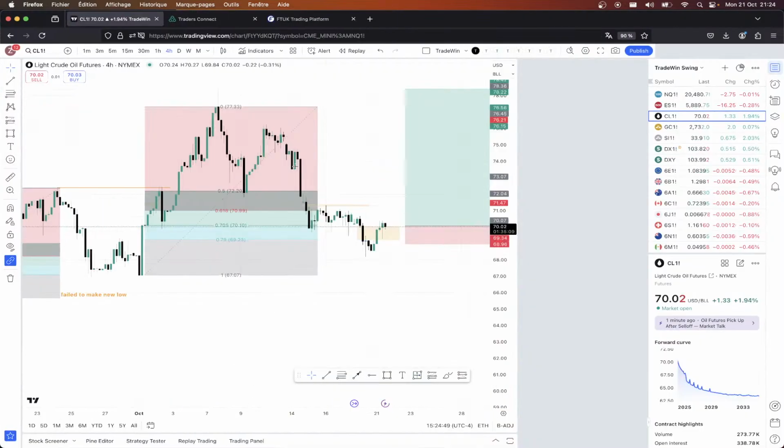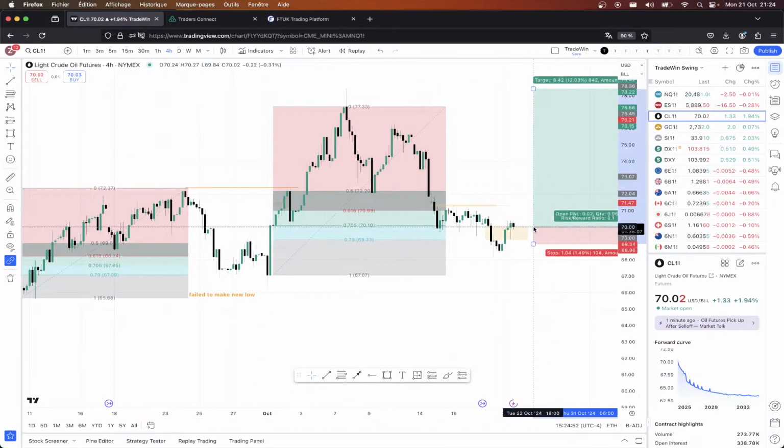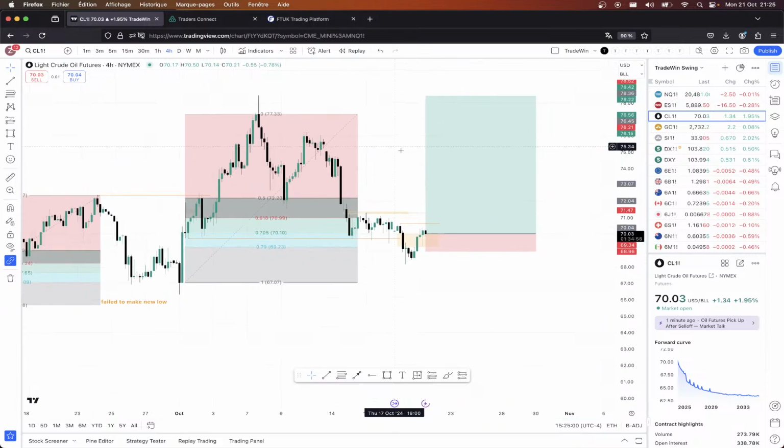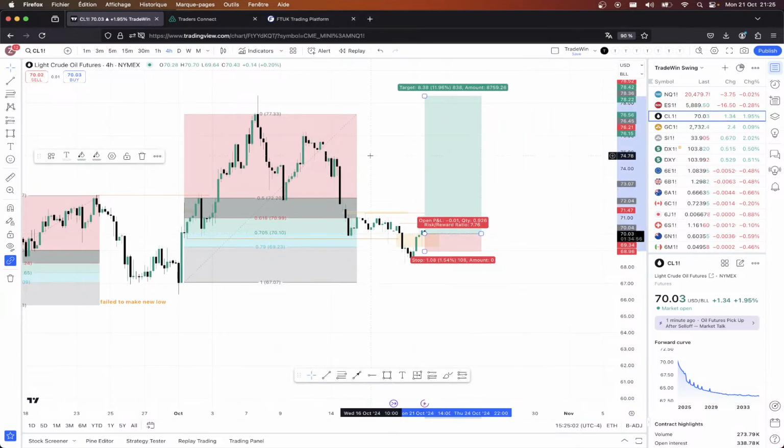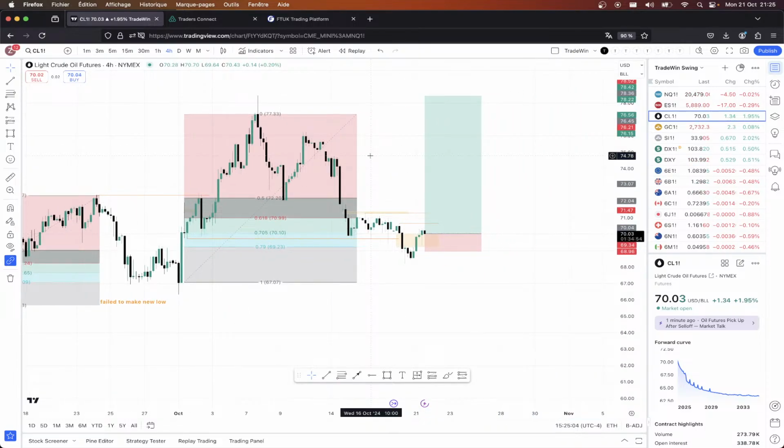So here what we do, so I entered, compare here to the futures chart, somewhere here, my stop loss is here. I just enter the trade and see where it sends us. Okay, I just executed one of these trades with you.